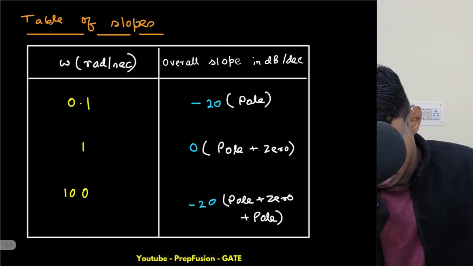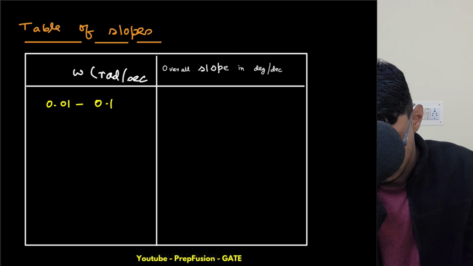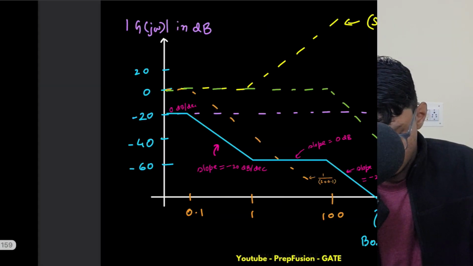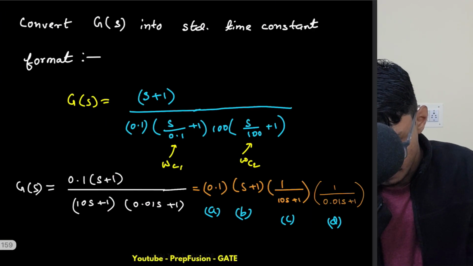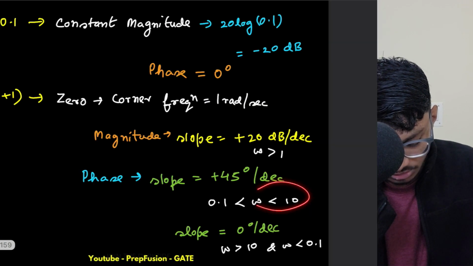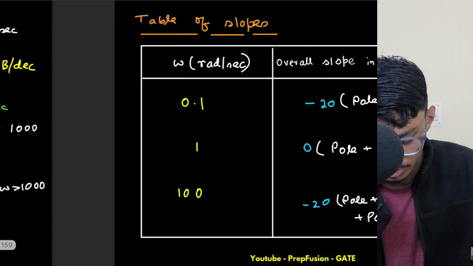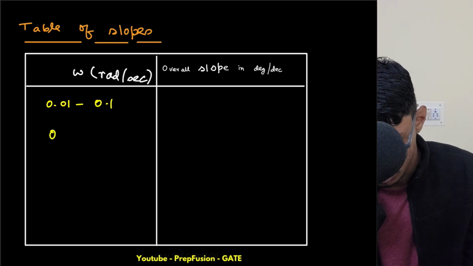This is in radian per second. Now we start from 0.1 to not 10, because we have another minimum number, that is 1. So 0.1 to 1. This is a bit hectic, so just bear with me.